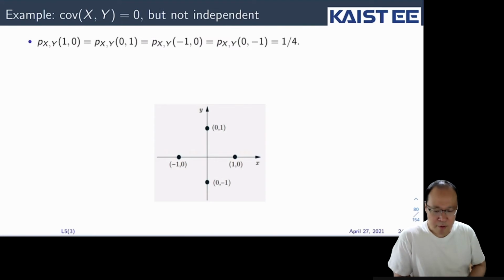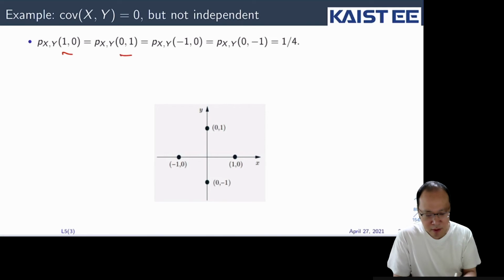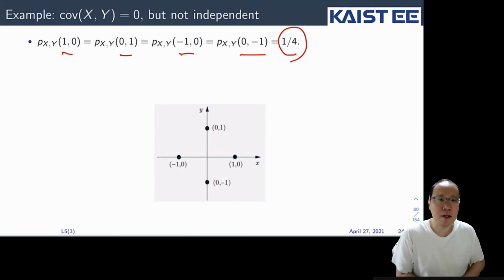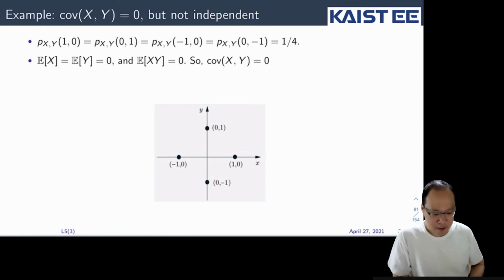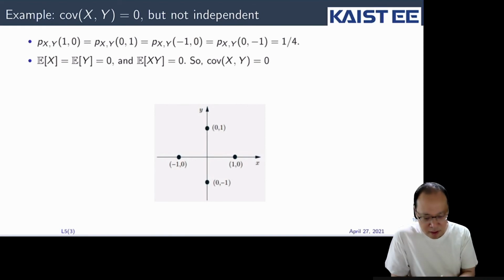So let me give you an example where the covariance of xy is 0 but they are not independent. Here we have 4 data points of x and y: (1, 0), (0, 1), (-1, 0), and (0, -1), all with the same probability 1/4. That's the joint PMF of x, y. Then you can easily check that the covariance of x, y is 0. That's because the expectation of x is 0 and the expectation of y is 0.